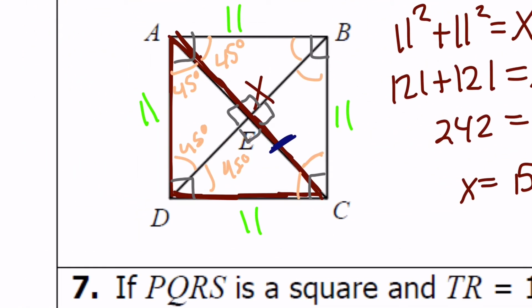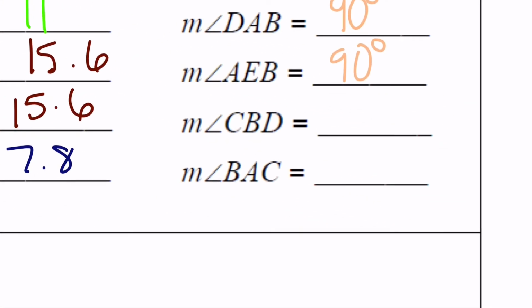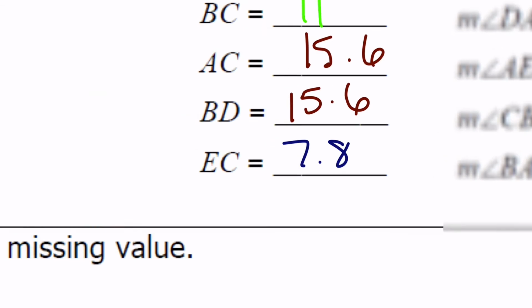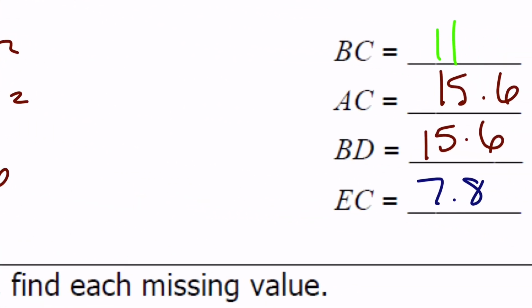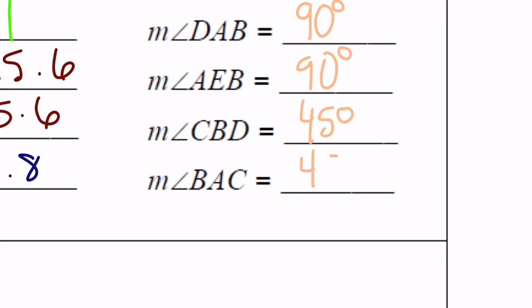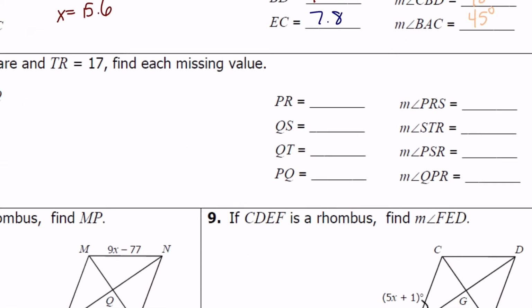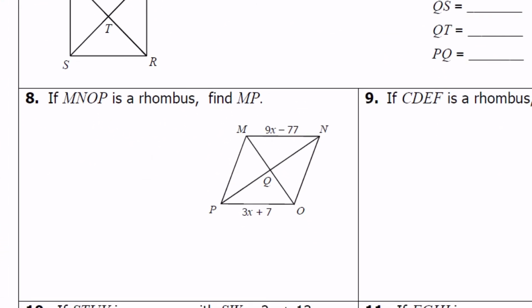Angle CBD, so this one right here. That one is 45 because it's 90 cut in half. And angle BAC, same thing, 45. So the only possible angles you can have in a square is 90 or 45. That's what makes angles of squares pretty easy, I think.